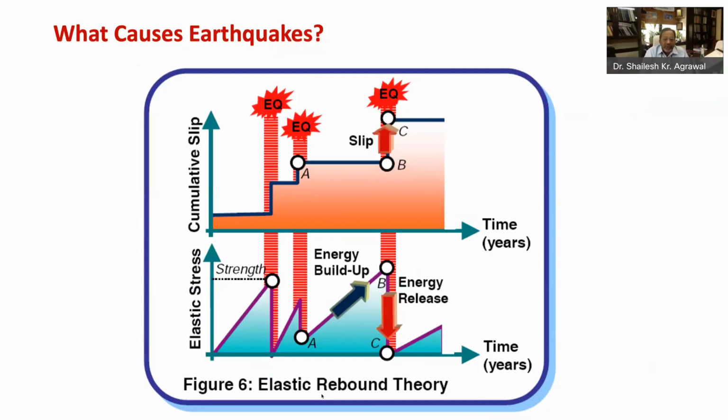Do you know these faults often run into tens of kilometers and constitute an oblong 3D volume? Imagine sudden slip of such voluminous rock. Do you know energy released during 2001 Bhuj earthquake was about 400 times the energy released by 1945 atom bomb drop on Hiroshima. So this was all about what causes earthquakes.